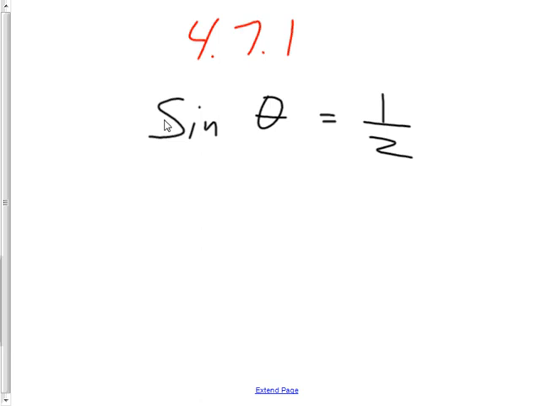Just like if I was going to get rid of the 7 in 7x equals 14, I divide both sides by 7, right? The opposite of times 7 is divide by 7. So that gets x alone. Same idea. What gets theta alone? What gets rid of sine? Nope. Inverse sine.